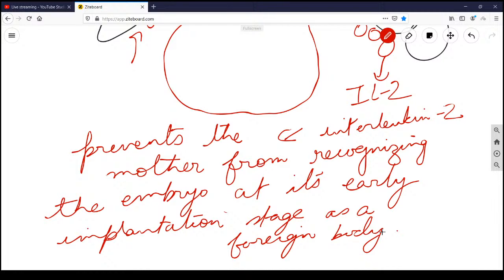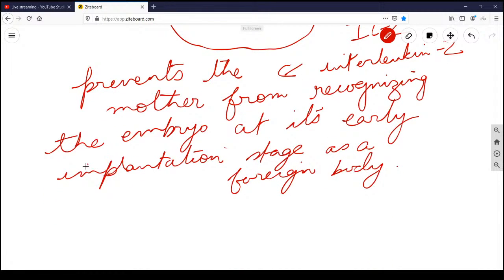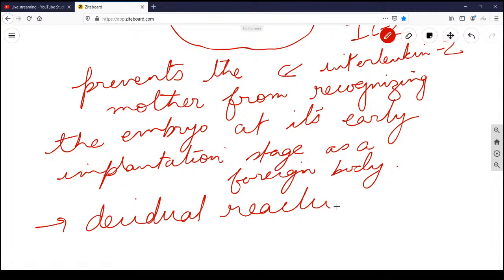So the decidual reaction plus the IL-2. Understand the concept: the decidual reaction along with interleukin 2 prevents the maternal reaction. They do not let the maternal reaction take place.